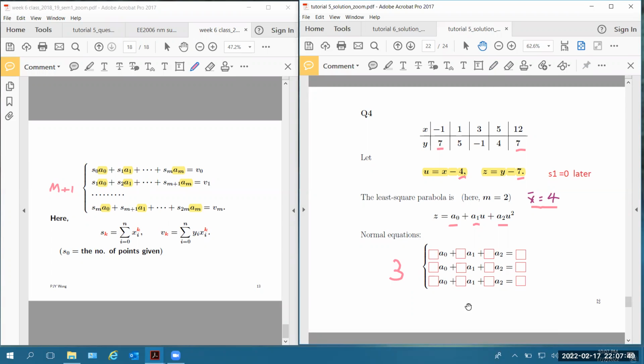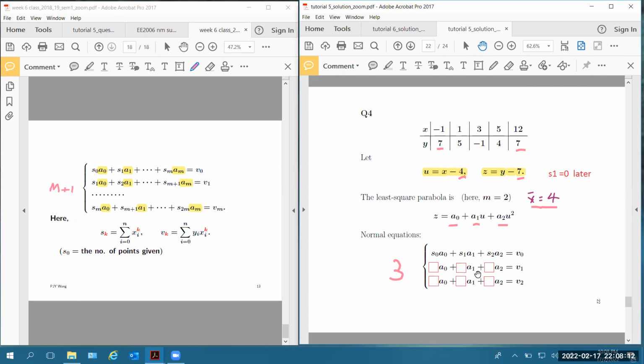Then after that, I'm going to put in the coefficients. Now, the right-hand side is easy. It's just B0, B1, B2, right? So this one is easy to remember. B0, B1, B2. And then I'm going to put in the coefficients to the A. All right, now first equation, the A naught is S naught, and then every time add 1.